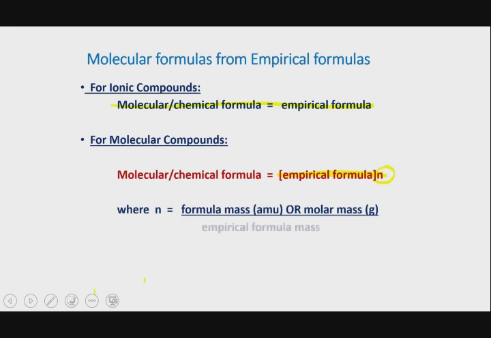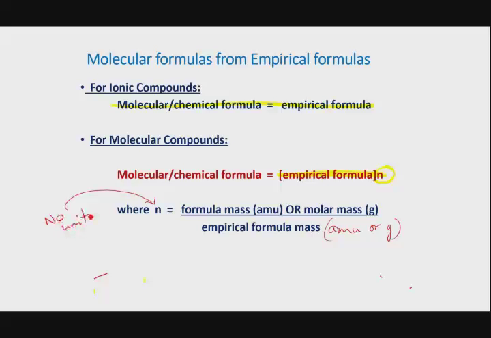Now the n is a ratio that can be calculated by dividing the formula mass or the molar mass of the compound by the empirical formula mass or the empirical molar mass that you determine, in such a way that the units cross out of each other, so that the units of the denominator will either be AMU if you're working with formula mass, or the units will be grams if you're working with molar mass, so that the value n has no units. It's a unitless ratio.